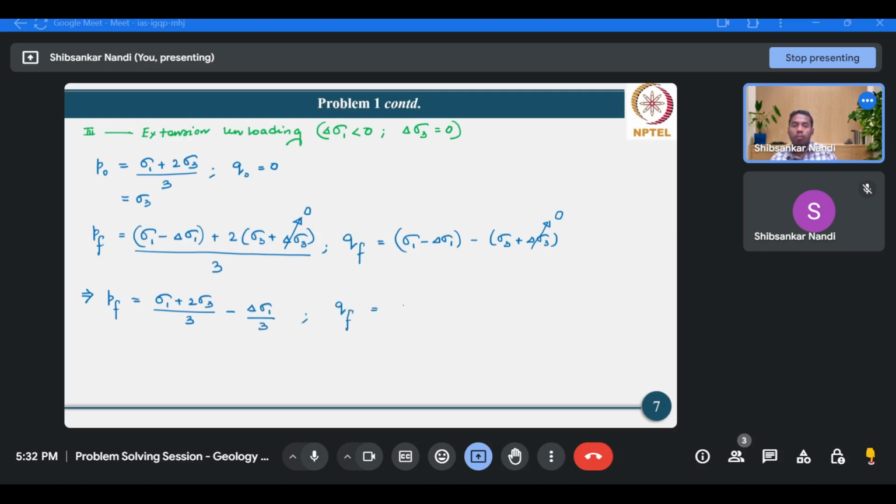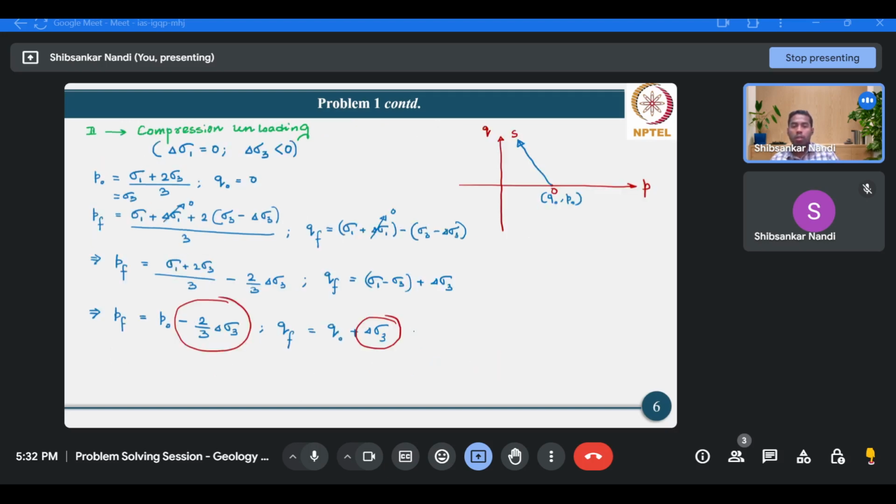QF is sigma 1 minus sigma 3 minus delta sigma 1, so PF is P0 minus delta sigma 1 by 3, and QF is Q0 minus delta sigma 1.